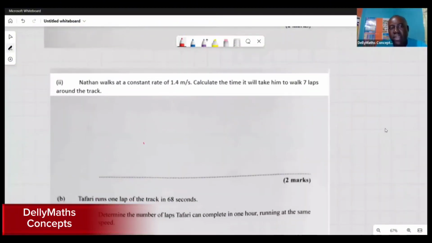The question said Nathan walked at a constant speed of 1.4 meters per second. Calculate the time it takes to do 7 laps around that track.